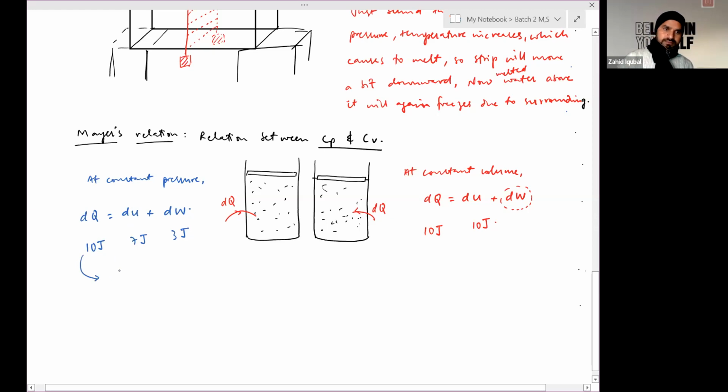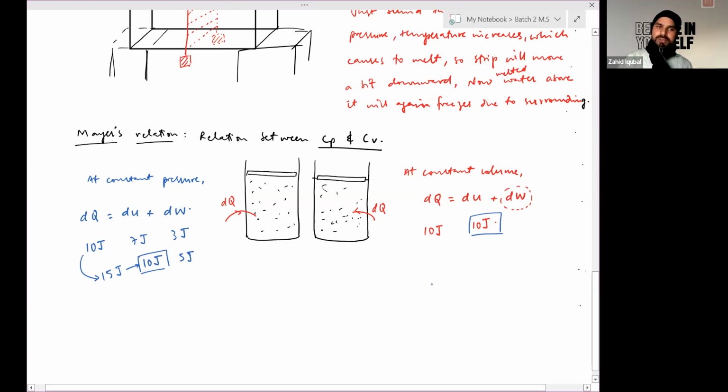Let's say you have increased this particular heat by 15 joule. So for this part, it will become 10 joule and let's say 5 joule. So to get the same amount of internal energy for both these two processes, we can say amount of heat required at constant pressure will be greater as compared to constant volume.